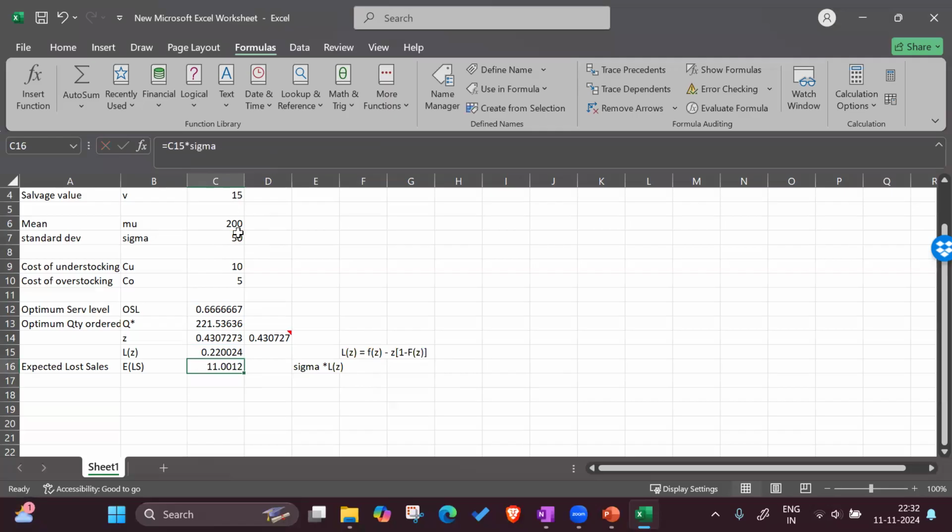What we are saying here with the expected loss sale of 11 is that if the newsvendor decides to carry a quantity of 221.5 with a mean demand of 200 and standard deviation of 50, given the other values of price, cost, and salvage value, this person will end up with 11 units of loss sale on average. That's what this is saying.